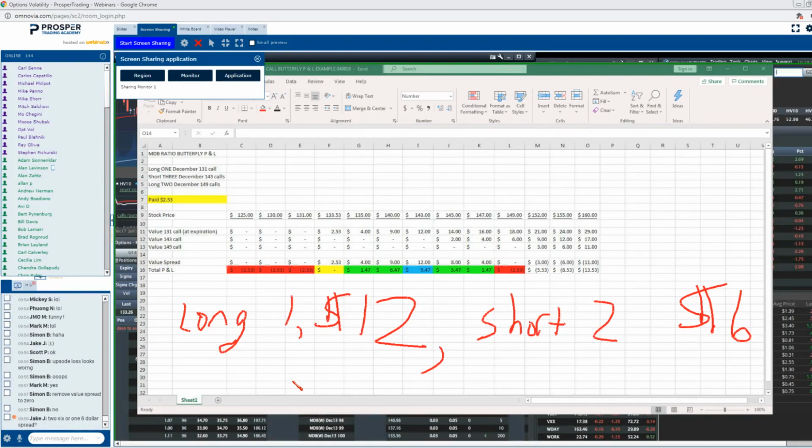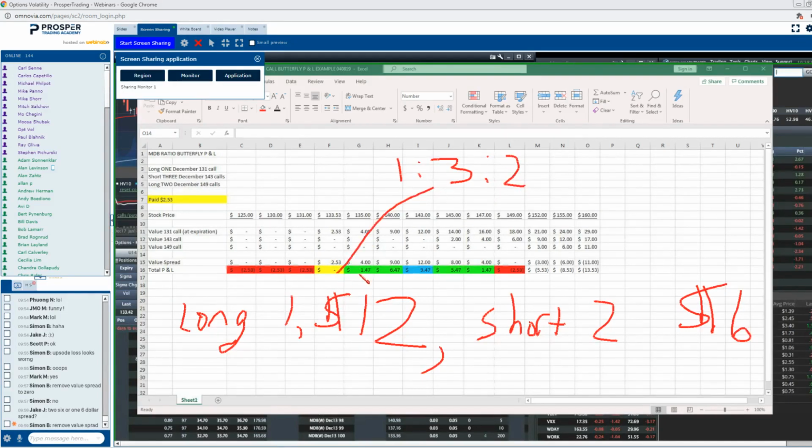What do I need to do, Simon? It's 2, Jake, because we're long 1. Remember, the ratio here is 1 to 3 to 2. So we're long 1 of these. So that removes that and makes that 2.